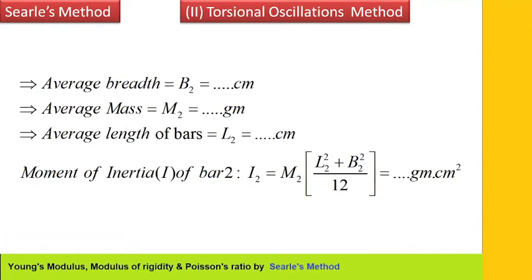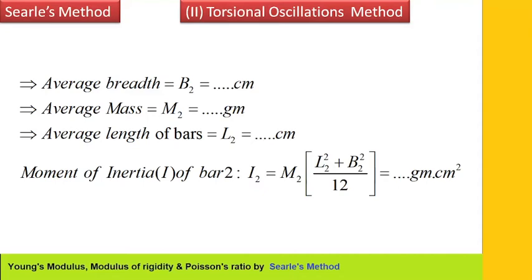Once again, the average breadth of bar 2 is to be measured with the help of a vernier caliper. The average mass of bar 2, that is capital M suffix 2, is to be measured with the help of a weighing balance in grams.